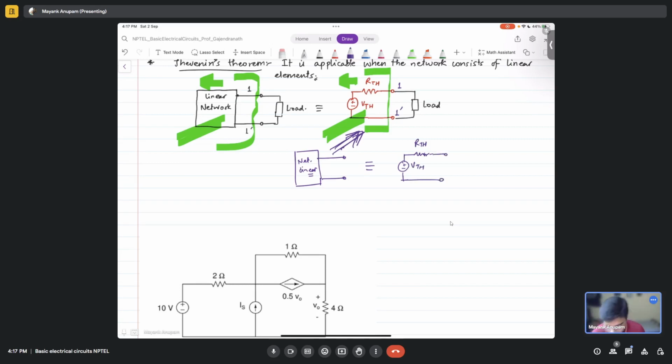Fine, so these two are equivalent. This is what Thevenin's theorem says. I hope Thevenin's theorem is clear to you.